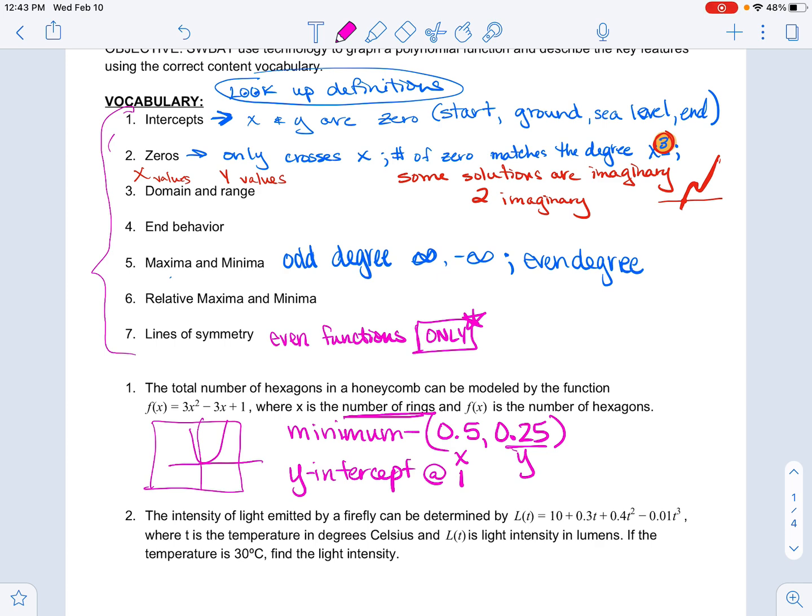That means we're going to start with 1 hexagon. It's the starting point. And if you think about bees, that makes sense. So they start with their 1 hexagon, and then it attaches hexagons all the way around the outside of it.